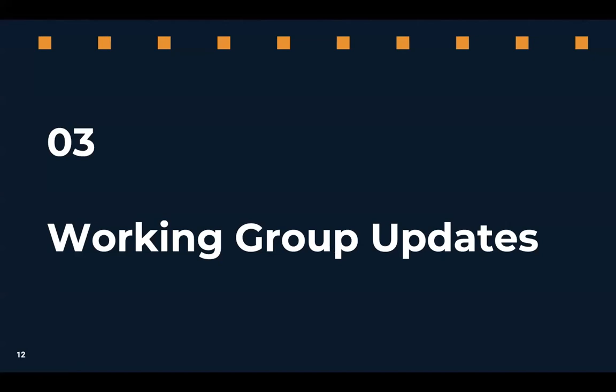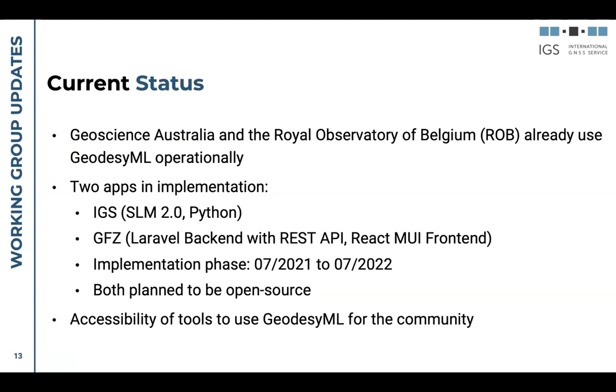So now with the updates from the working group, Geoscience Australia and ROB already use GeodesyML operationally. So you know from ROB, most of the European colleagues at least who are involved there, they developed the M3G. And you also see that there are two apps in implementation.